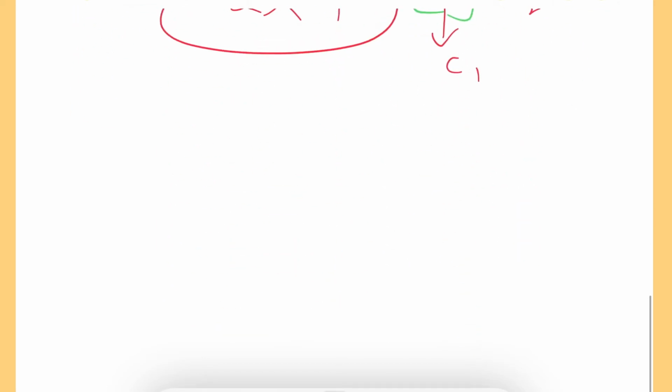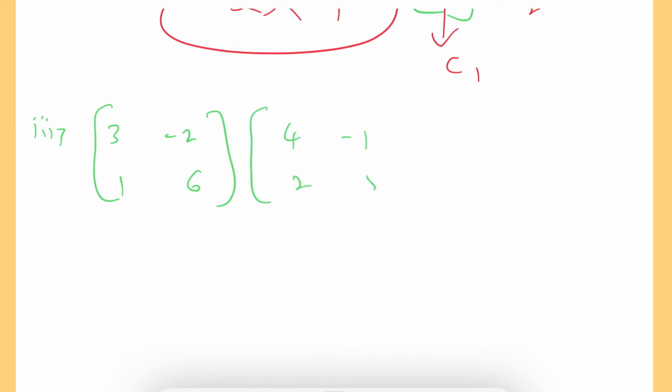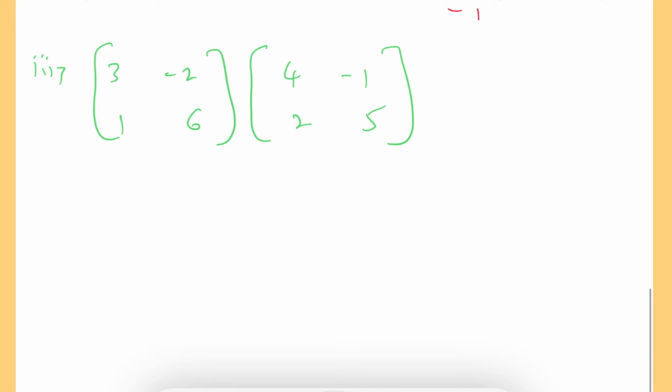Next, third question in this, 3 minus 2, 1, 6 into 4 minus 1, 2, 5. Number of columns of the first matrix should be equal to the number of rows in the second matrix. Column 1, column 2, so 2 columns in the first matrix. Row 1, row 2.